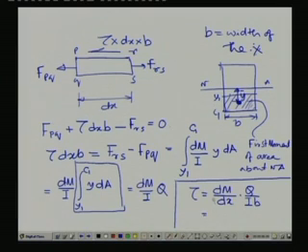What is dM by dx? We know this is nothing but the shear force V. So, we get an important relationship: tau equals VQ by Ib.